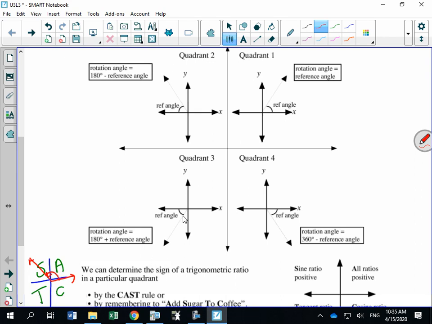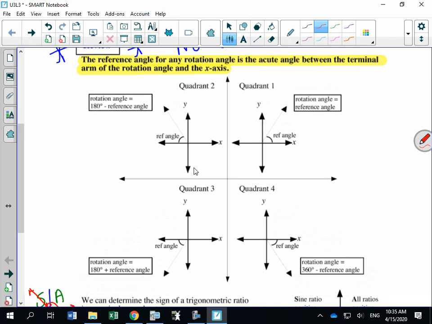This is talking about reference angles. So remember that a reference angle, when I draw an angle in standard position, so that would be my angle in standard position, or we call it a rotational angle. You could always make an acute triangle by drawing a point on your terminal arm and then a vertical line to the x-axis.